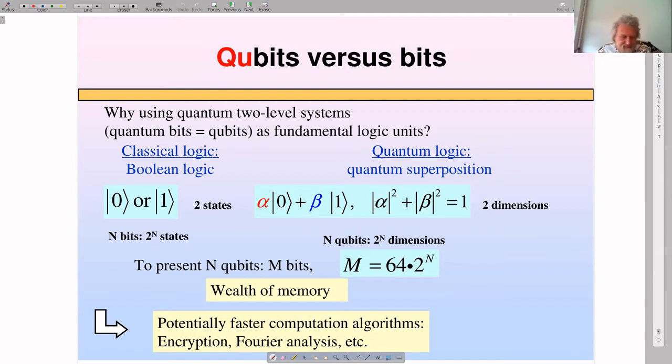And what do we have? Classically, we have two states, and the system can be either 0 or 1. Using this concept, one can do wonders. One can make computations, and computers play quite a big role in modern life.